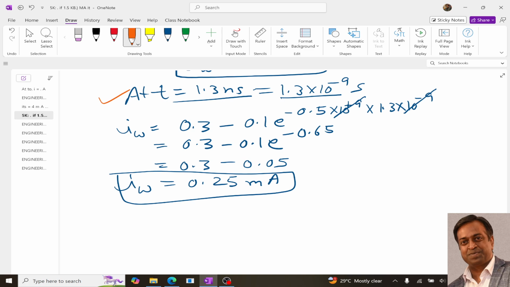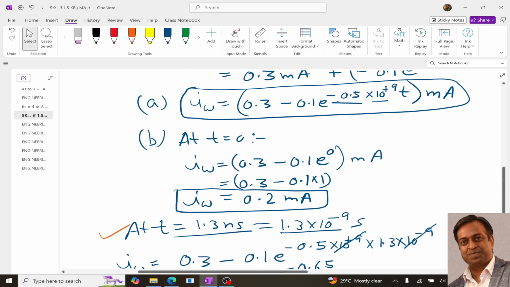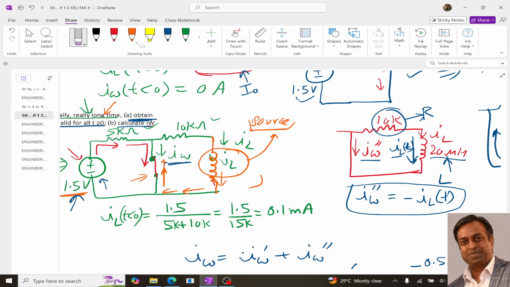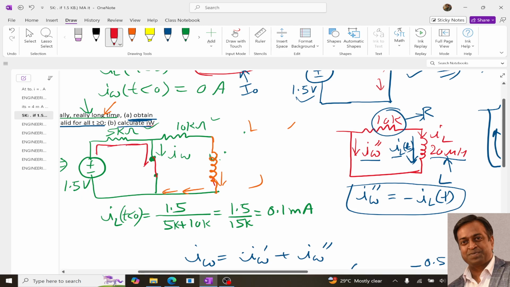So now if you apply the reasoning over here, let me clean this circuit a little bit. If you look at this circuit, we have determined that the current through this 1.5 will be 0.3 milliamperes, and the current direction is from top to bottom, and the current through this inductor will be in this direction. This is ILT.